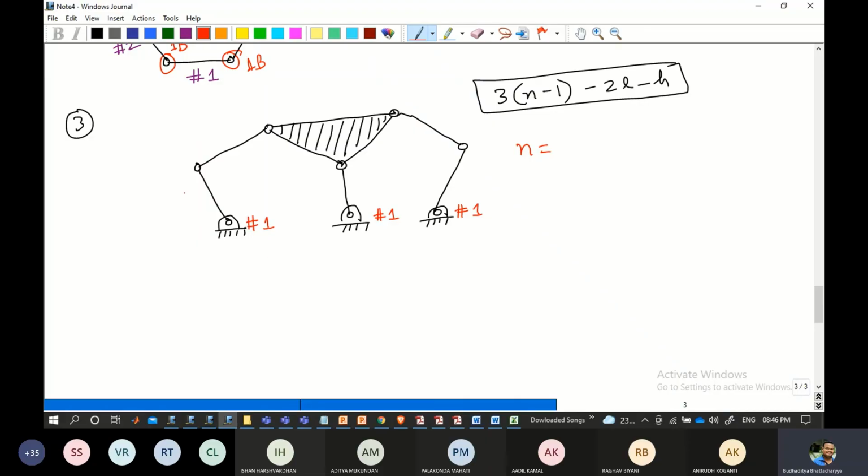Same way, if you consider this one, now the rest of the things are pretty simple. Number 2, number 3. I'll tell you what about this. Number 4, 5, 6. All right. So 1, 2, 3, 4, 5, 6, and I think I am missing anything.